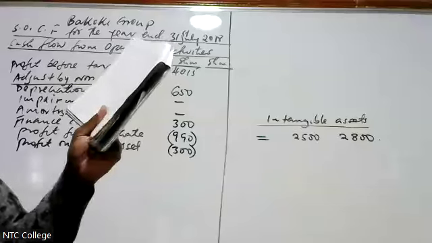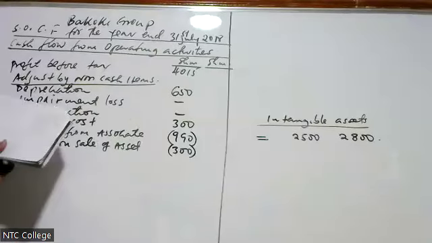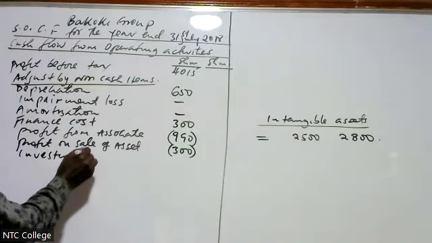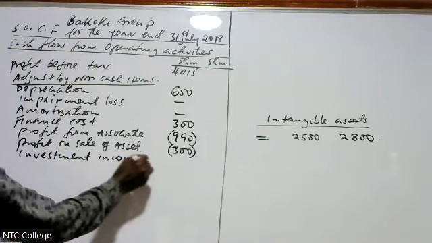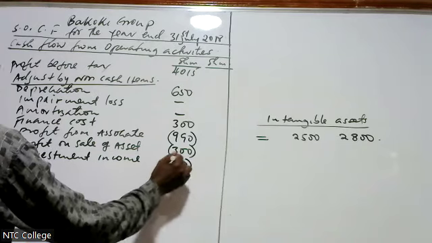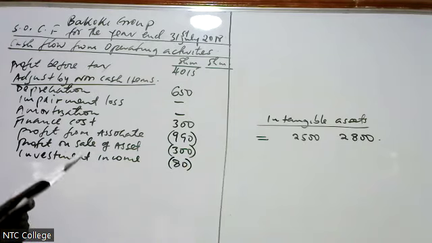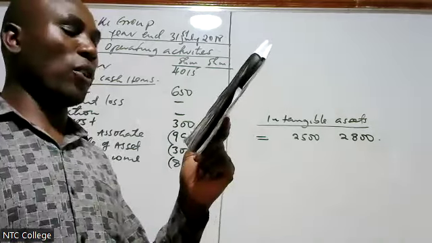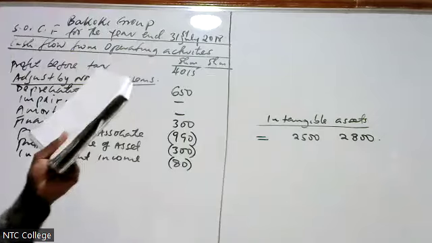Then also we have investment income, we have 80. We have 80 there. That is before tax. That is item before tax. We are considering the income statement.